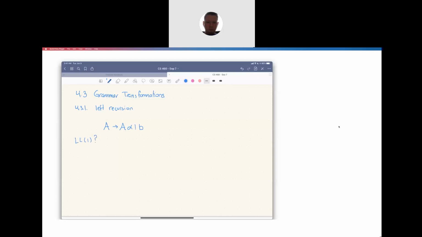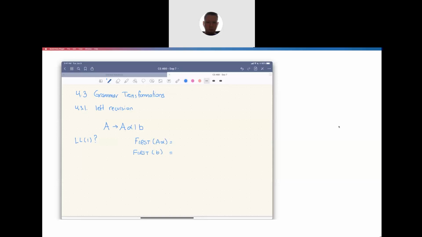Well, we don't know, but we can definitely say that if it fails the intersecting first set test, then it's definitely not LL1. So let's give it a go. What's the first of A alpha?